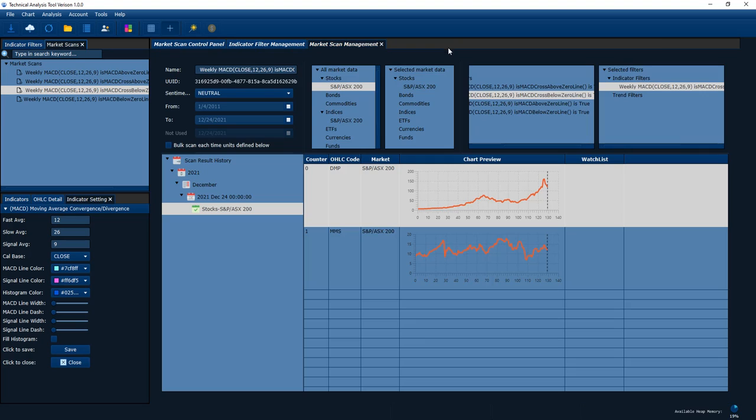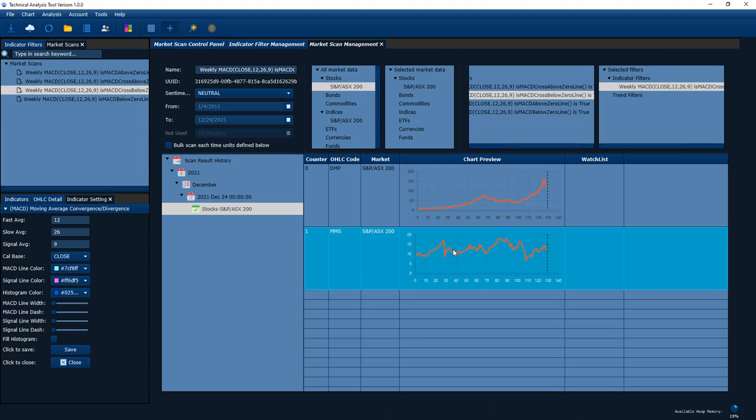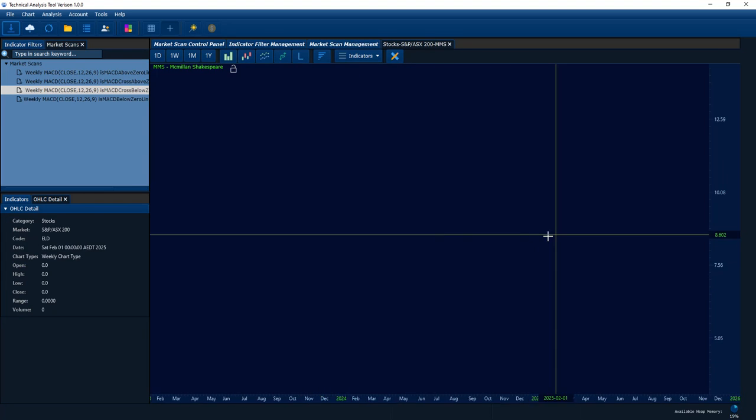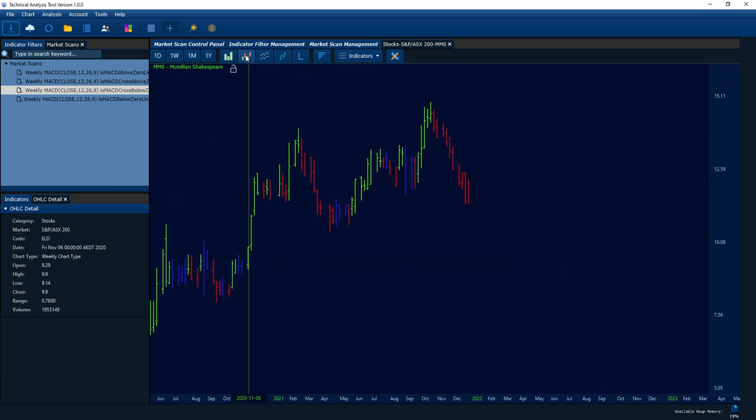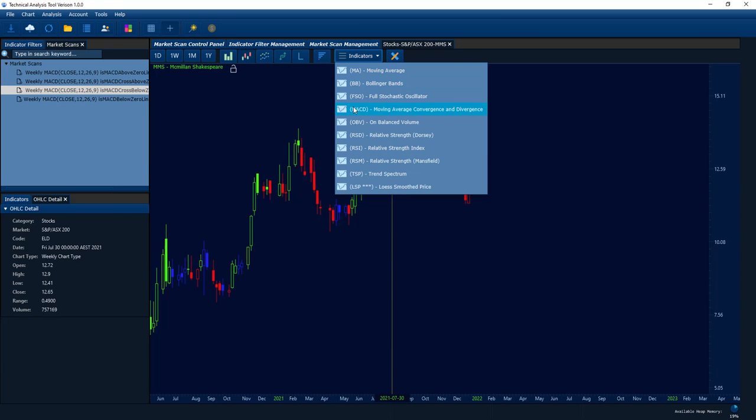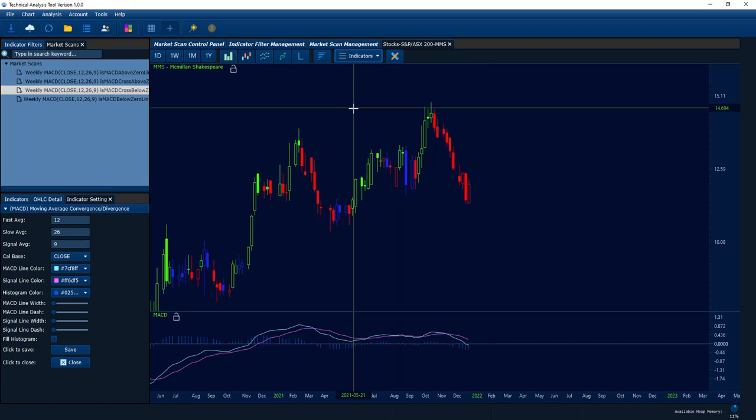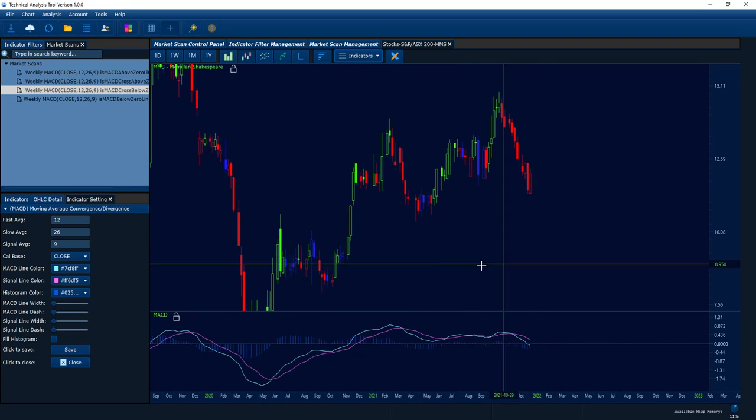Okay, let's just quickly go through a second one, MMS. Let's open the MACD indicator and have a look here. Okay, interesting. This one is more obvious, right?